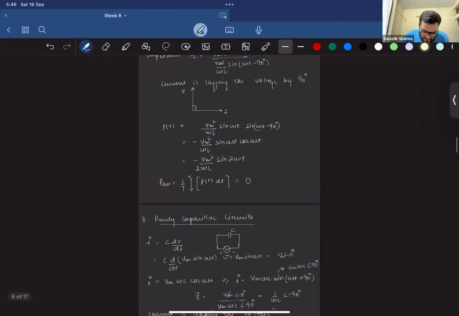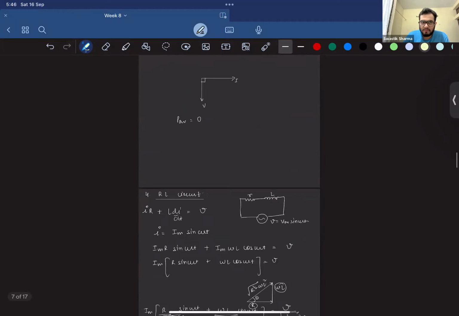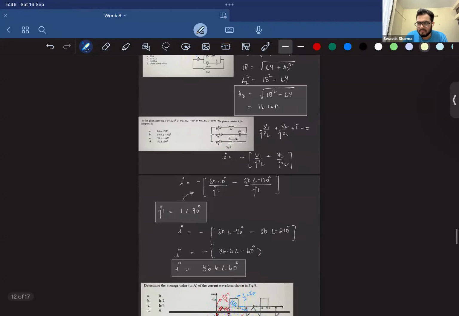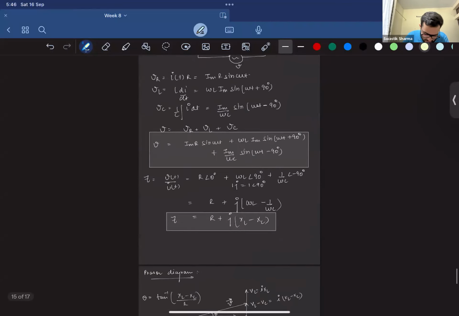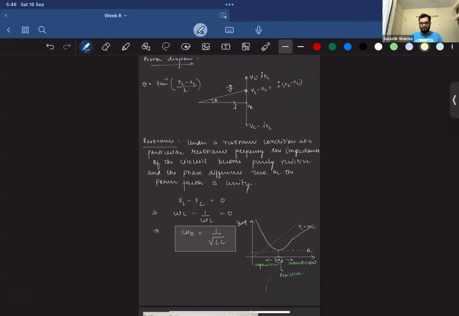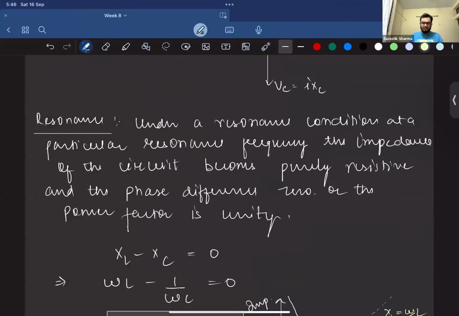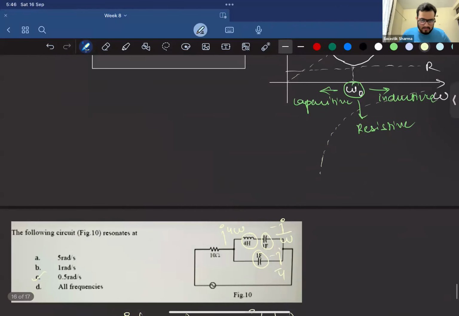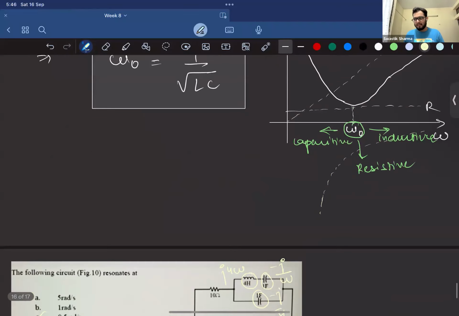Then we discussed some sample problems based on week 8 lectures, and we also discussed the steady state response of the series RLC circuit, and a bit on resonance. So in the next class, we'll further discuss what resonance is. We'll discuss what parallel resonance means and the quality factor.